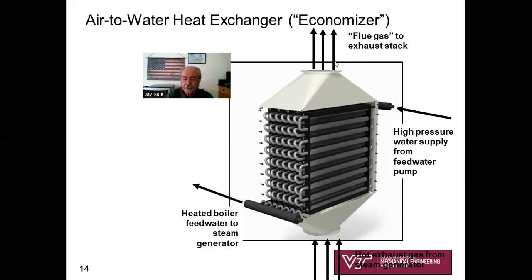The way we're cooling it down is we're recovering energy from the flue gas by taking in high pressure boiler feed water from a condenser, and we're heating it up with that exhaust gas, and then sending it on to the steam generator or boiler for additional heating to turn it into steam. So this is a water to air or air to water heat exchanger.